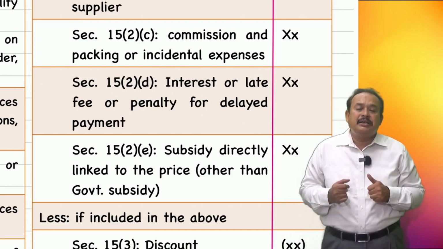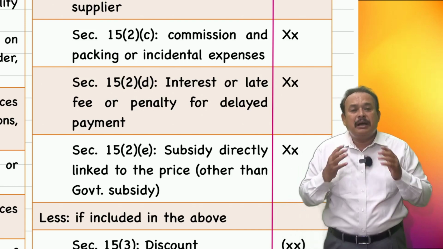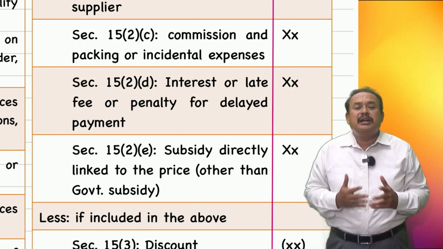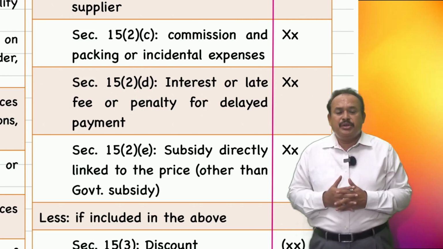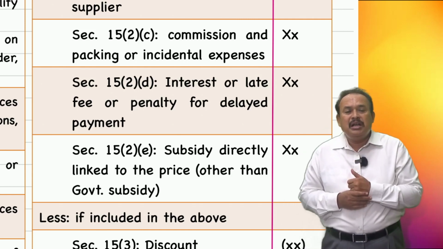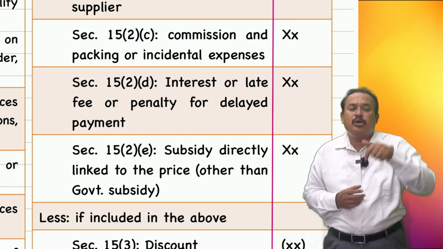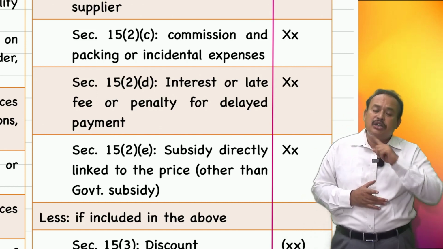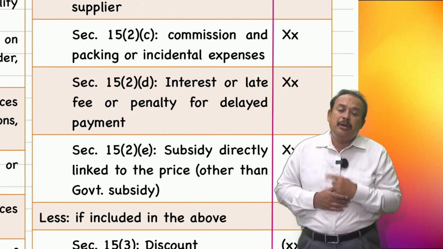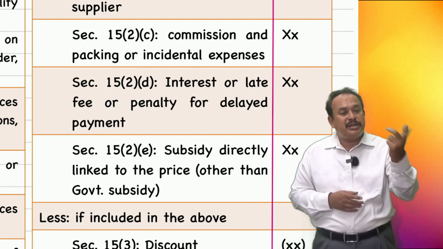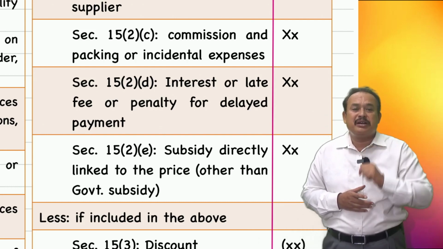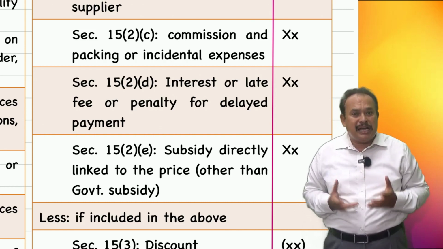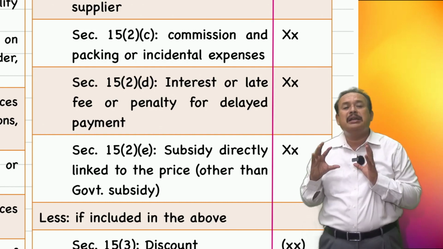As simple as that. On the other hand, if I am selling, for example, washing machines, I should deliver this to the buyer location. Correct? In that case, loading, unloading charges, packing charges, transportation charges, insurance for transit, all this I have to calculate and include in the value of my supply.